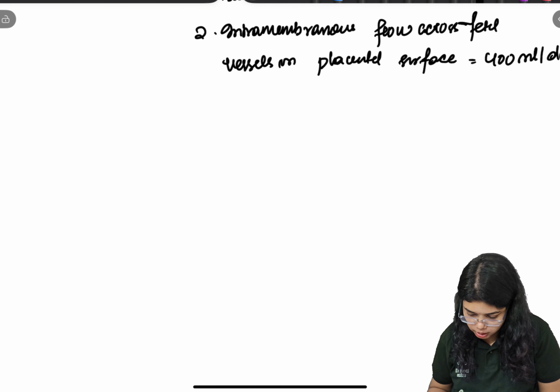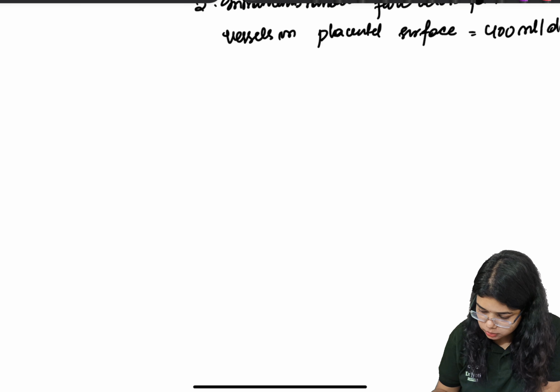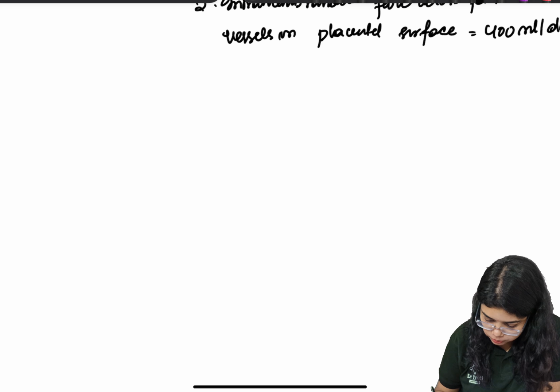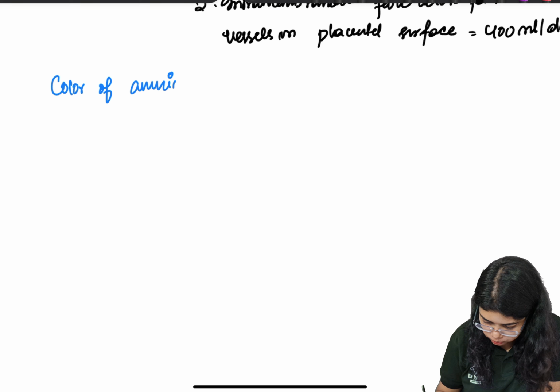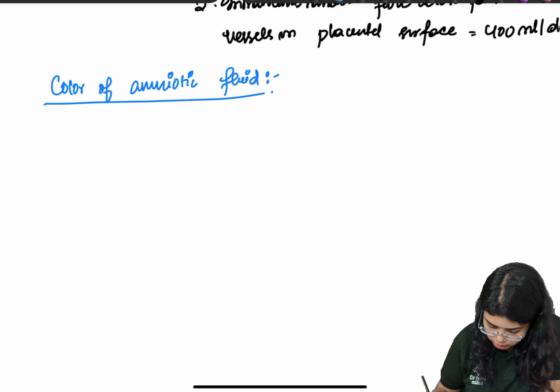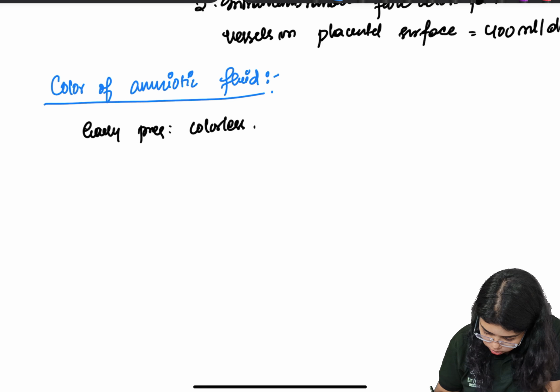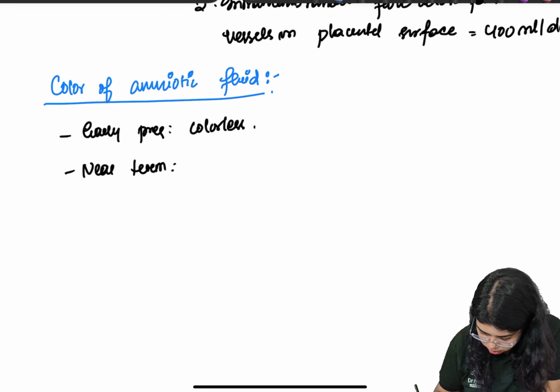Then what is the color of the amniotic fluid? The normal color: in early pregnancy, it is colorless. Near term, it is pale straw colored or light yellow.